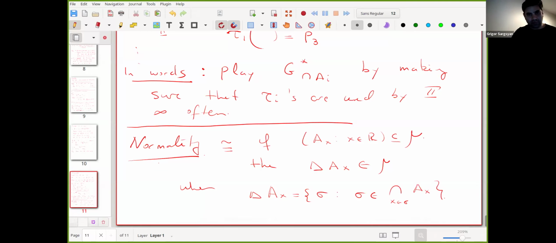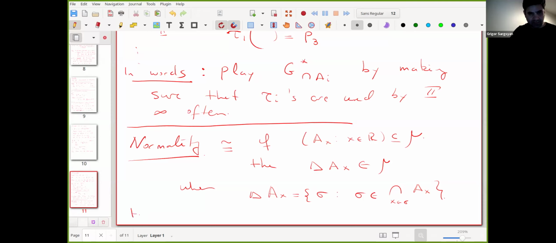So if you want to prove normality, you need to take an R-indexed family of measure one sets and prove that the diagonal union belongs to mu. Now, in the previous case, we had to make a countable choice of strategies. Here you have to pick a strategy for each of these x's.